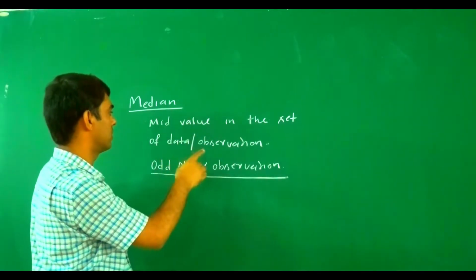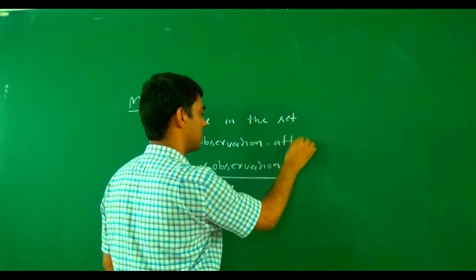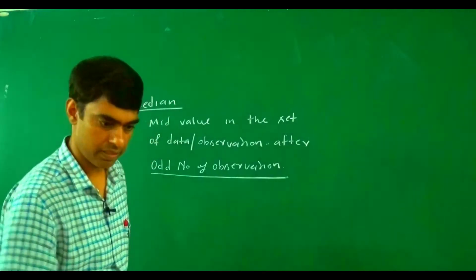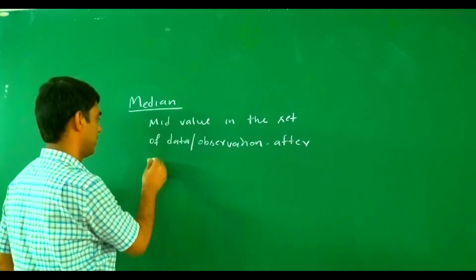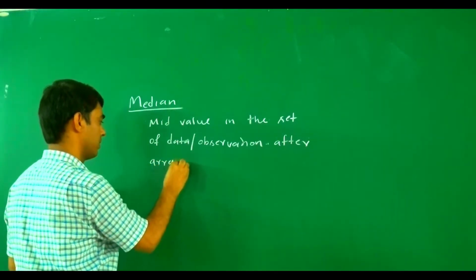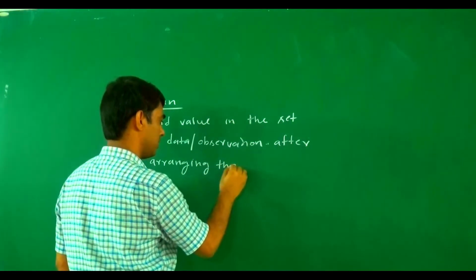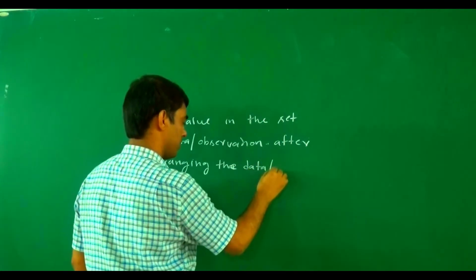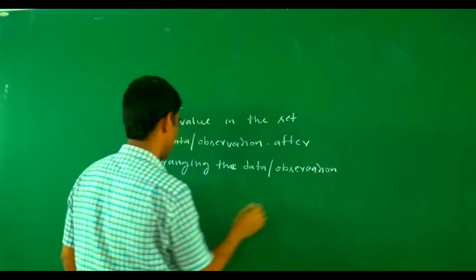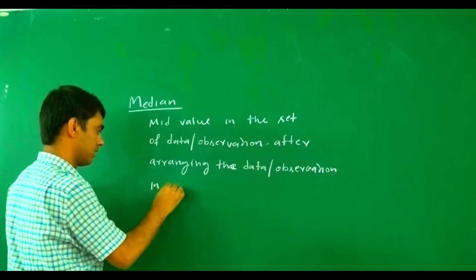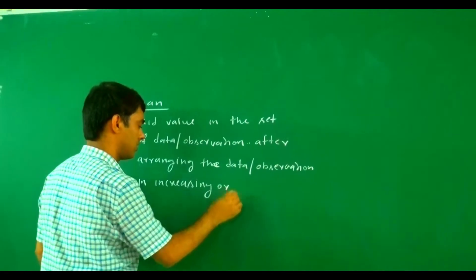The middle value in the set of data or observations is found after arranging the data in increasing or decreasing order.